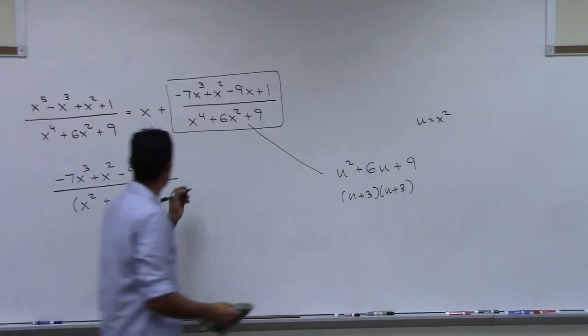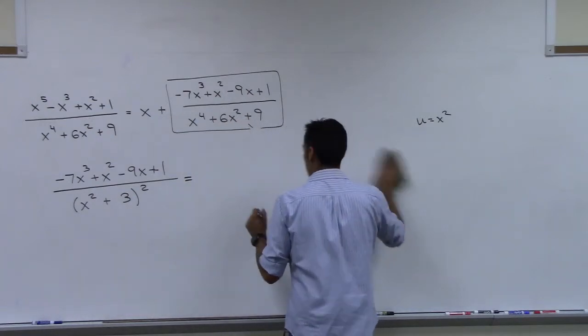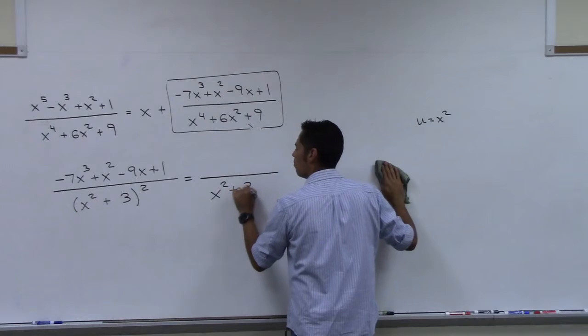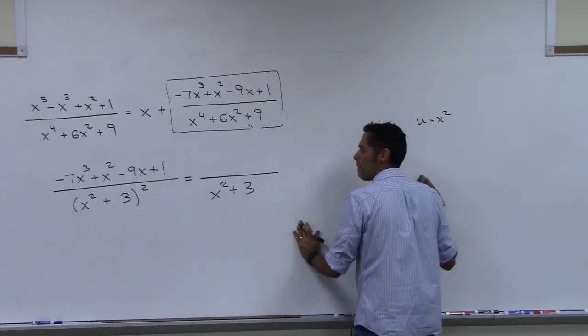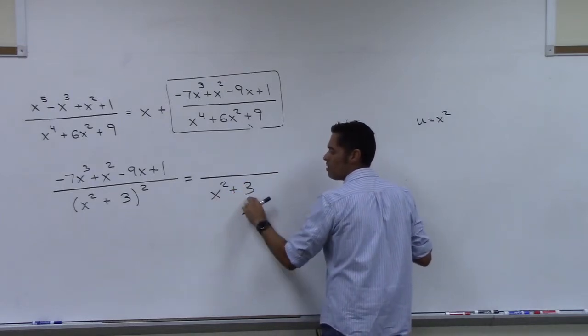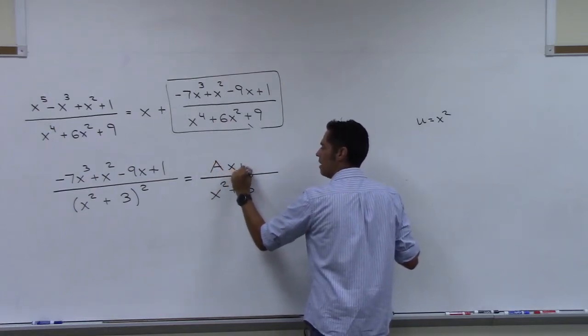So that means this is going to turn into, let's see if y'all are picking up on this, what am I going to have over here? x squared plus 3. What's on top? Just A? This is quadratic, right? You need linear up here. Ax plus B. Okay, good.